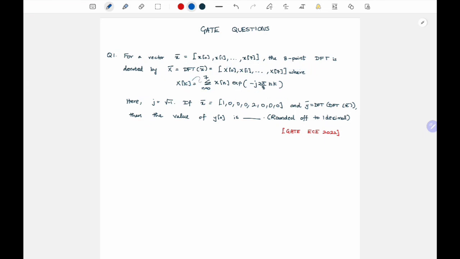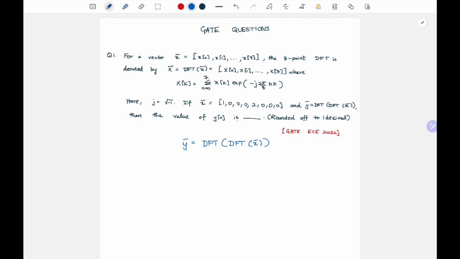The formula also they have given: X of k is equal to summation n equal to 0 to 7, x of n exponential of minus j 2 pi by 8 nk. And here j is equal to root of minus 1. If X bar is equal to 1, 0, 0, 2, 0, 0, 0 and Y bar is equal to DFT of X, so Y bar is twice you're taking DFT on x.